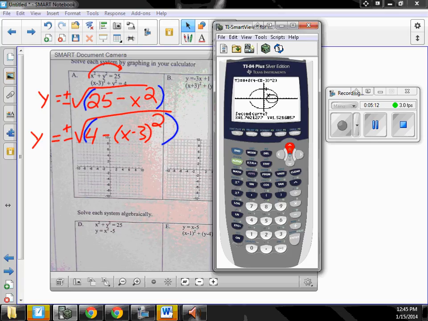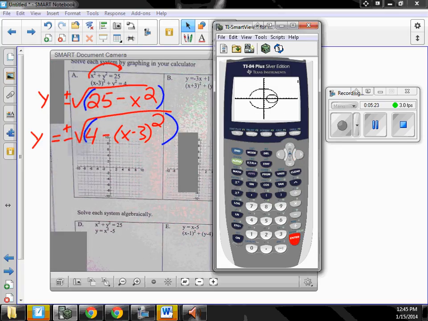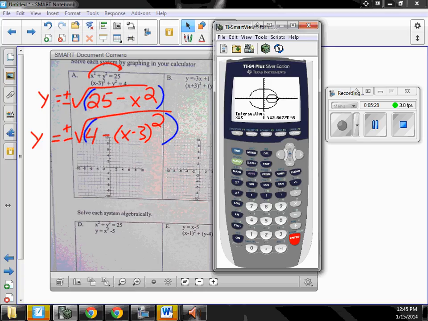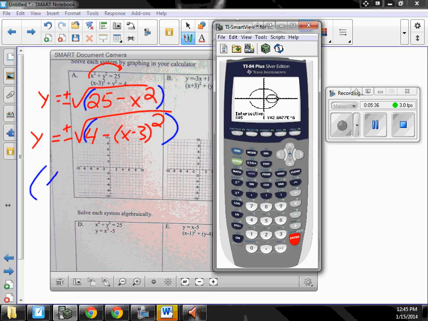So I picked the top half of both circles, and I'm going to go over here for a guess. I just hit enter on both, on the top two equations. It's saying that the intersection is 5 comma 2.6 e to the negative 6.